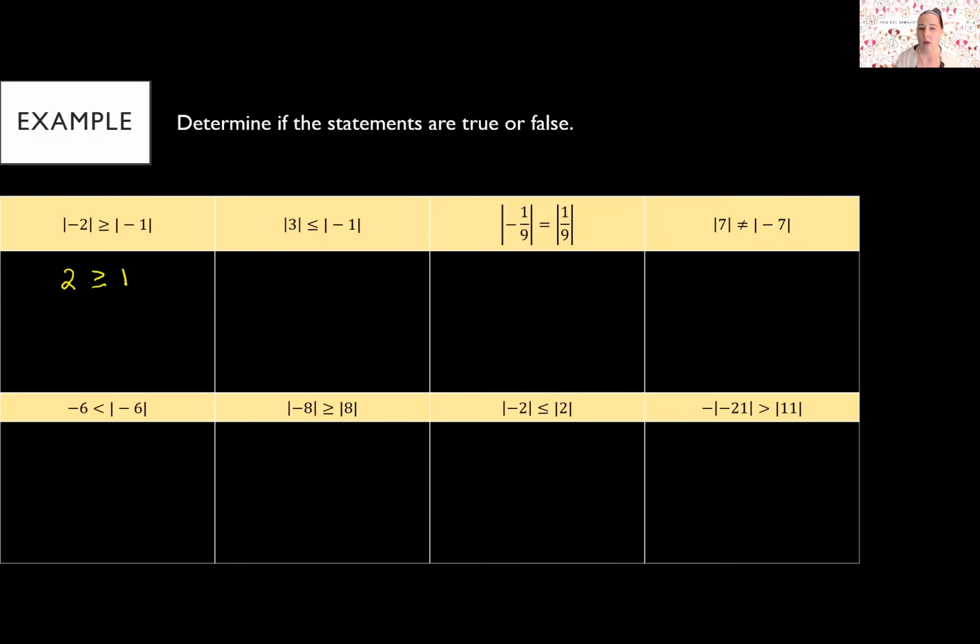So 2 is greater than 1. And then that "or equal to" means it could be greater or it could be the same. So either one is true. As long as one of those is true, then this is a true statement. So because 2 is greater than 1, this is true. And so the absolute value of -2 is greater than or equal to the absolute value of -1.